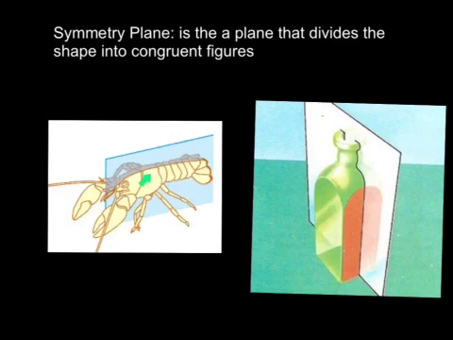Now you could draw a plane going this way through the lobster, but it won't make it a symmetry plane because the front half of the lobster wouldn't be the same as the back half.